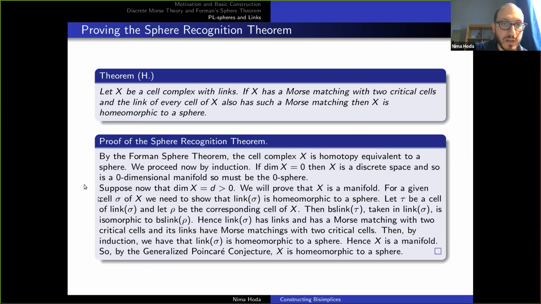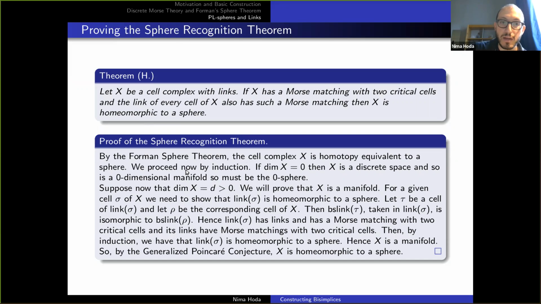What we want to prove is that if X is a cell complex with links, if X has a Morse matching with two critical cells and the link of every cell of X also has such a Morse matching, then X is homeomorphic to a sphere. By the Forman sphere theorem, X is homotopy equivalent to a sphere, right? Because it has that kind of Morse matching.